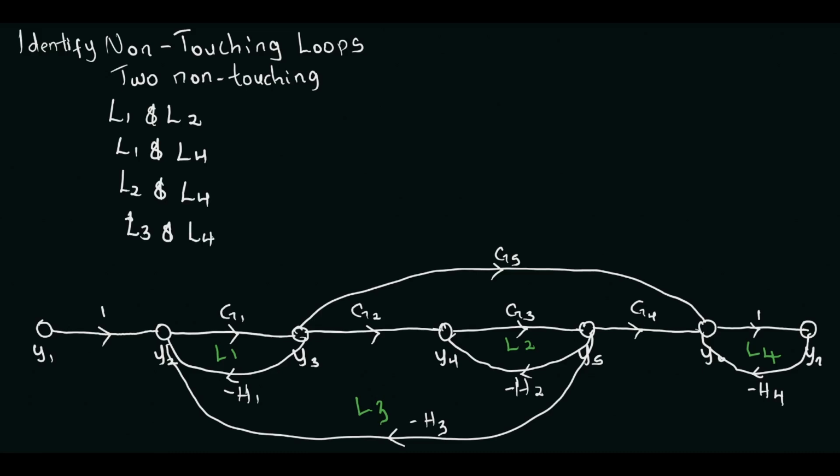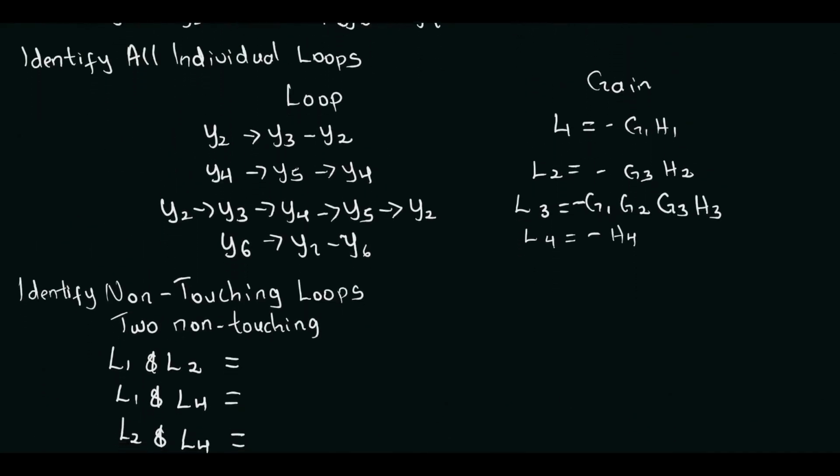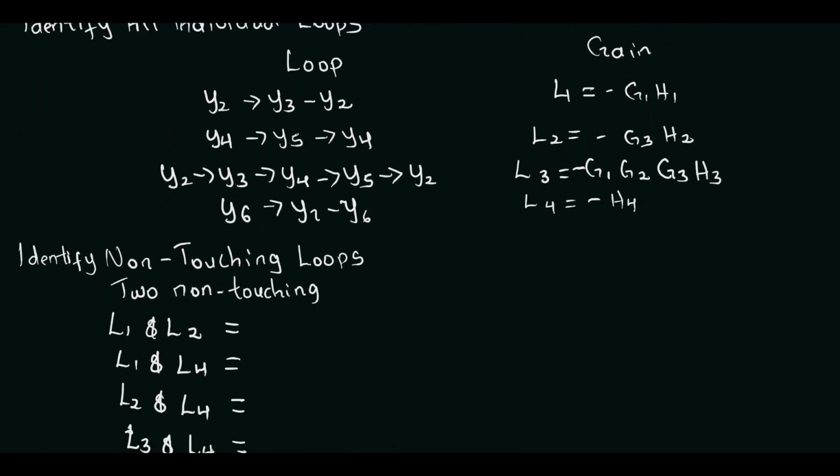Okay. So we're going to multiply them together. L1 times L2, from what we said here, will give us plus, as the minus and minus cancel. So you have G1, G3, H1, H2.